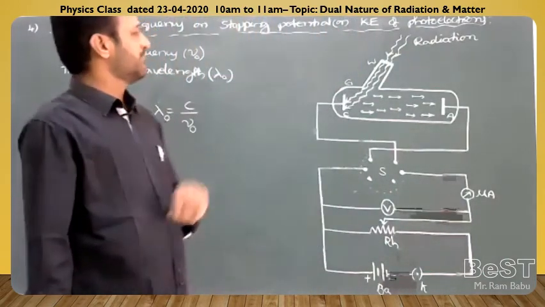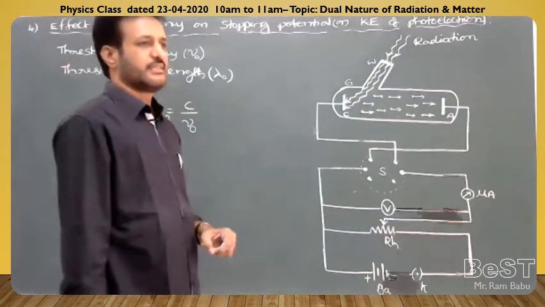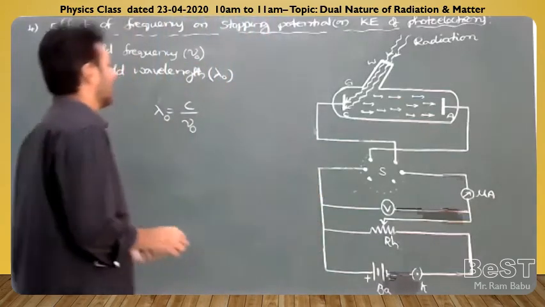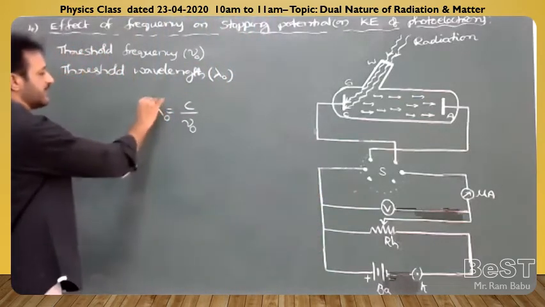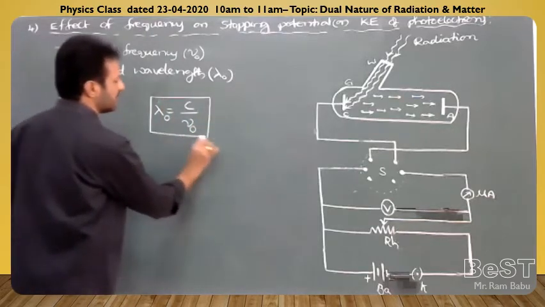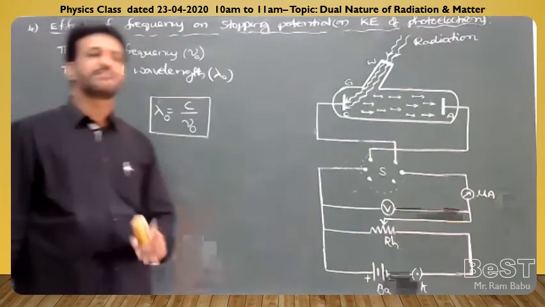The maximum wavelength above which no photoelectrons are emitted is known as the threshold wavelength. How both are related, we can write with a formula.